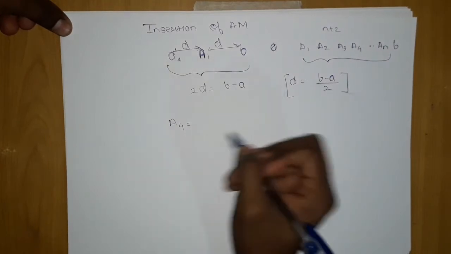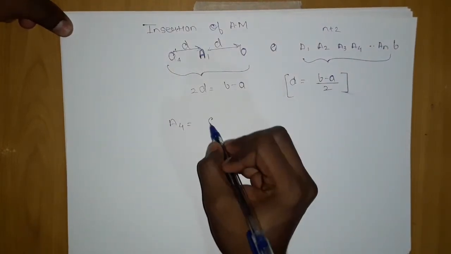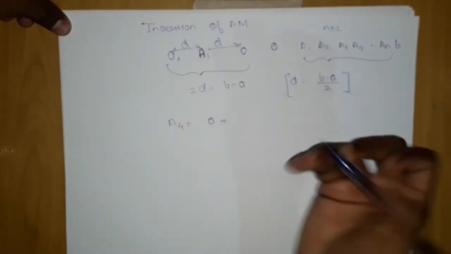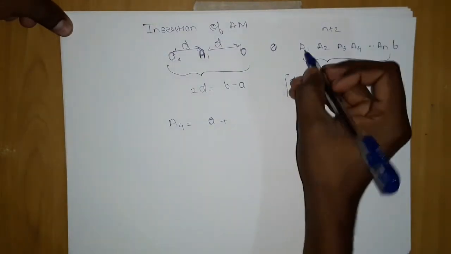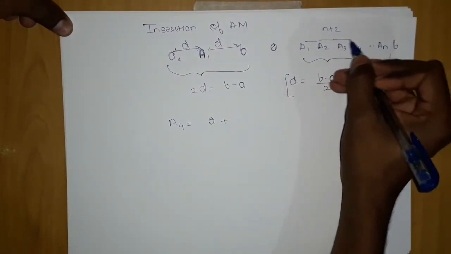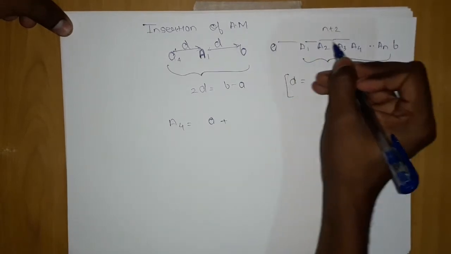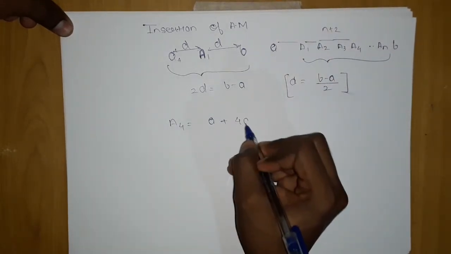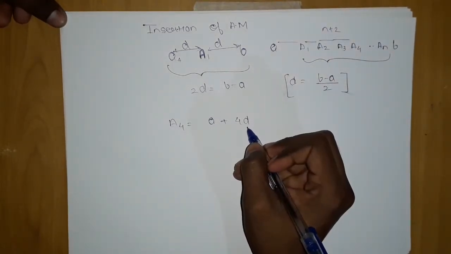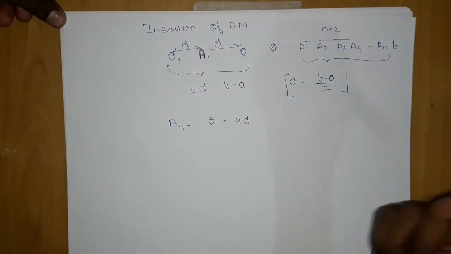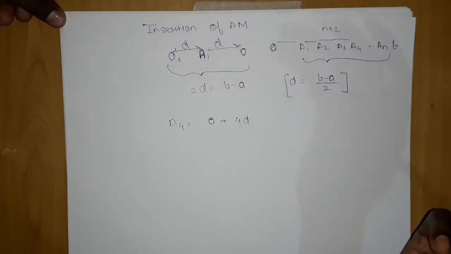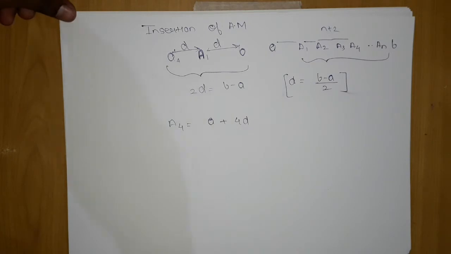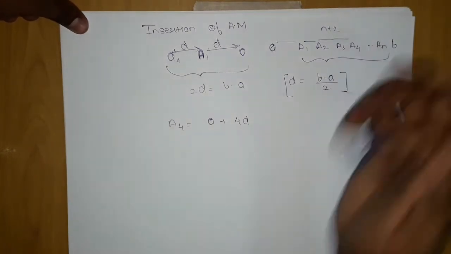If I want A4, how will I get it? A plus, at what position does it come? Fourth position. 1d, 2d, 3d, 4d. So a plus 4d will do my job, because it is in AP. When AMs are inserted, the sequence is in AP. So using that, I can easily get any AM.